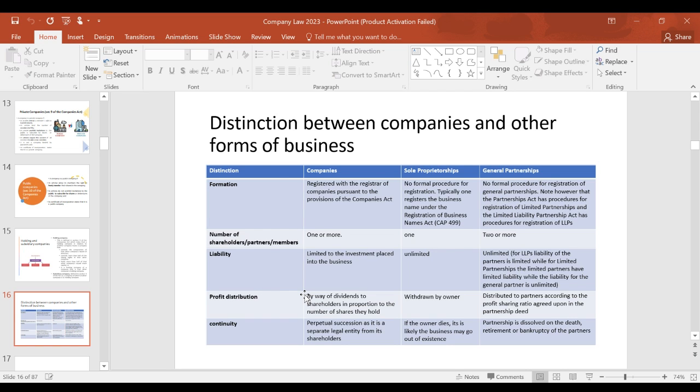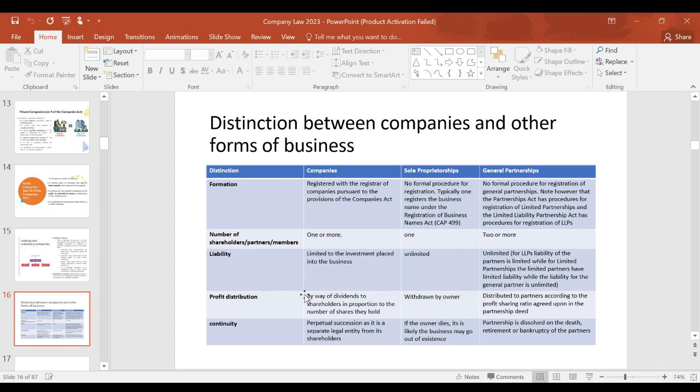While for the sole proprietorship, registration of this kind of business is governed under the Business Names Act, CAP 499. And then the general partnership is regulated by the Partnership Act. Either they are limited liability partnership or not limited liability partnership, which is unlimited.